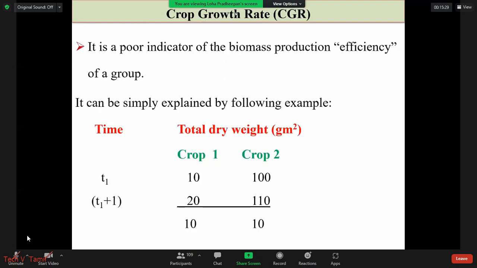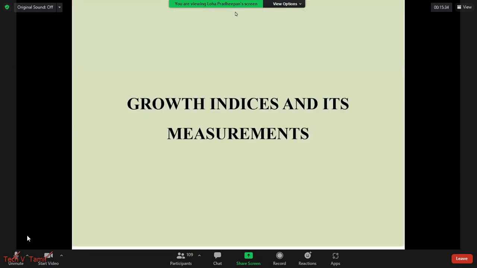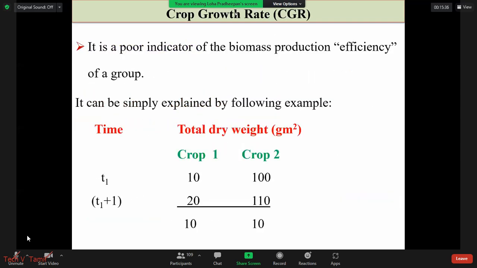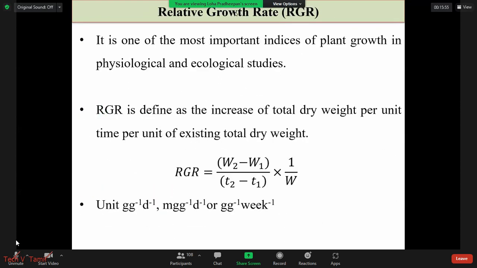But it has advantages as well as some disadvantages. Then we are able to calculate absolute growth rate. Absolute growth rate means we are calculating for a single plant. So it is for the pot experiment. Dry weight change with time for a single plant.